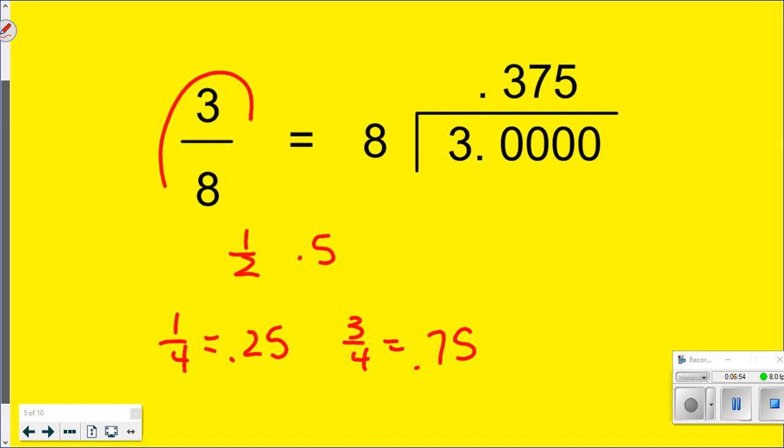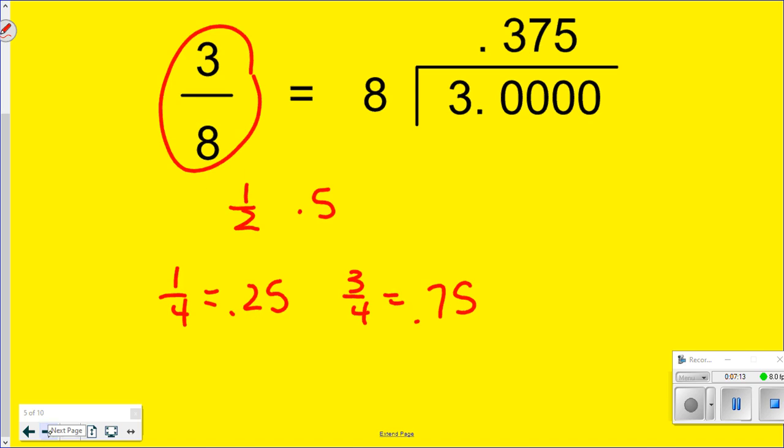Pretty much anything that is divided by 8 like this is going to terminate, going to end. Those are really common ones that you will come across multiple times, so start getting to know those off the top of your head because it'll make your life a lot easier in the long run. So a terminating decimal is a decimal that ends.